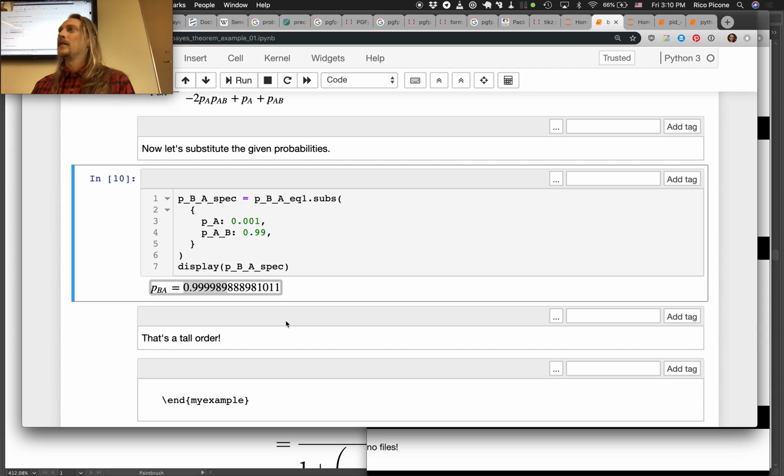Even though 0.1% is not even a super low defective rate, depending on your manufacturing, you could have much lower than that, you have to have a very, very sensitive test in order to get this posterior probability that you want.